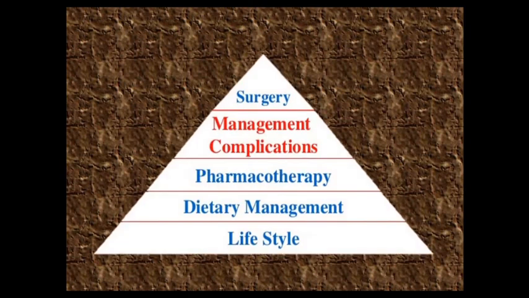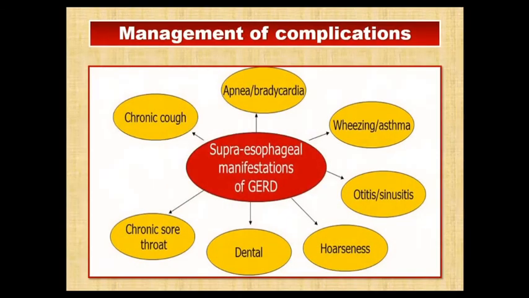Now the last step of medication, which is the top of the pyramid, is the surgery. But before reaching this, and as we are at the level of complicated gastroesophageal reflux disease, we have to not just give the medication that alleviates the symptoms and heals the mucosal injuries, but we have to manage the complications. So what are the complications of gastroesophageal reflux?